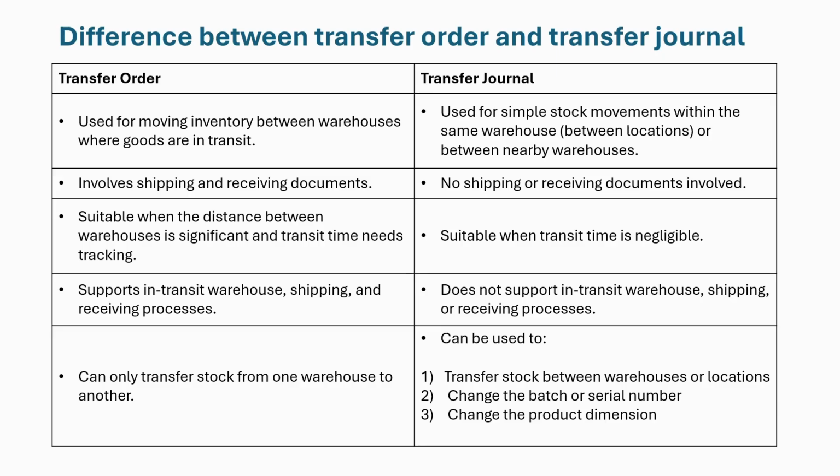Transfer order can only transfer the stock from one warehouse to another warehouse, and transfer journal can be used to transfer stock between warehouses or locations, and it can change the batch or serial number, and it can change the product dimension.